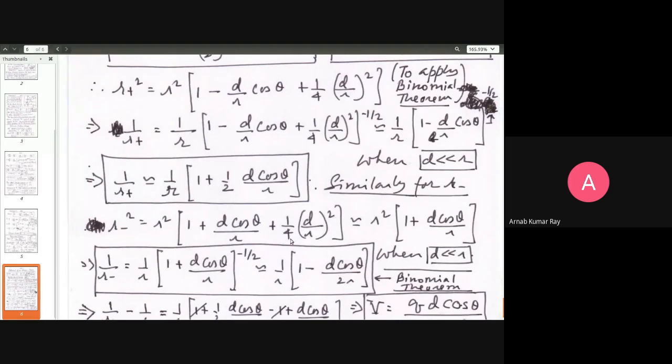Again, I'm neglecting the d by r squared against the d by r, and that is what you have here. After that, I'm inverting these two and taking the square root of it.